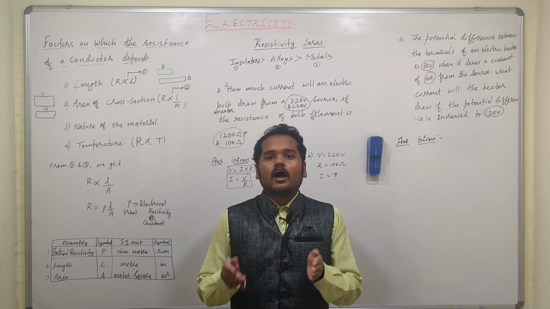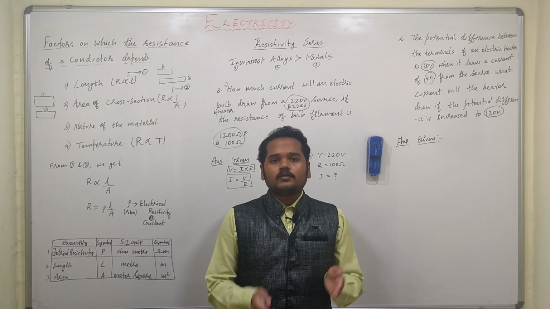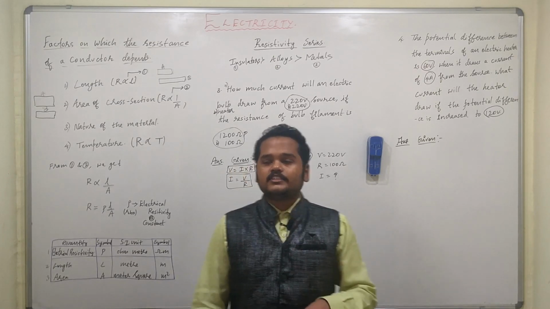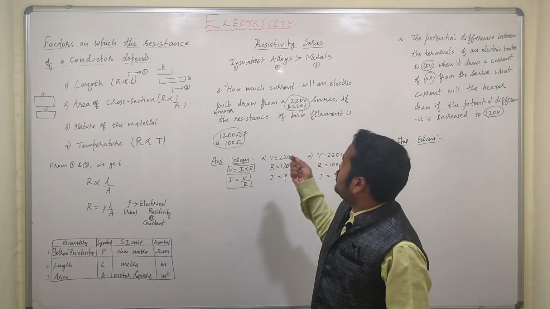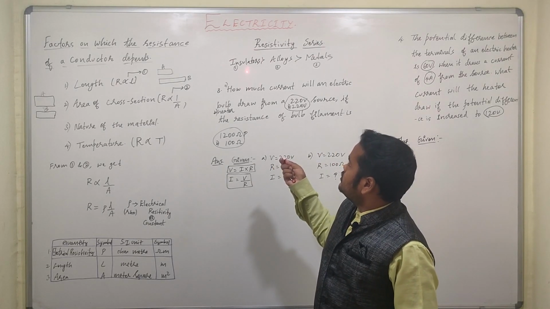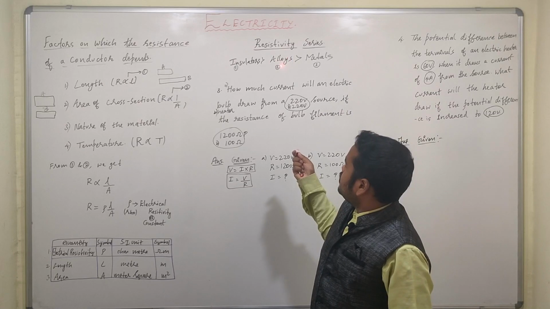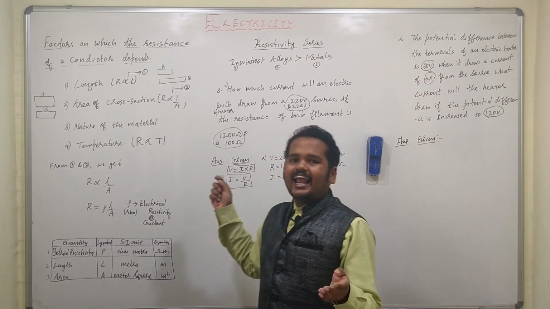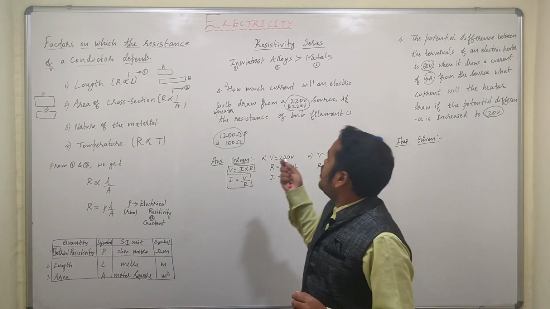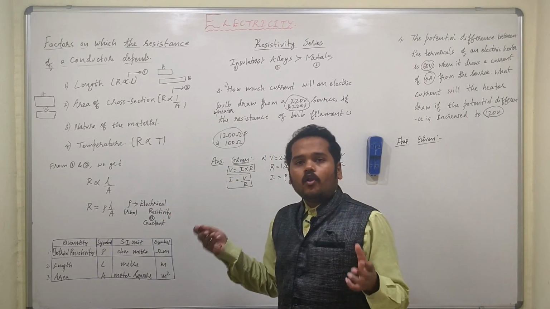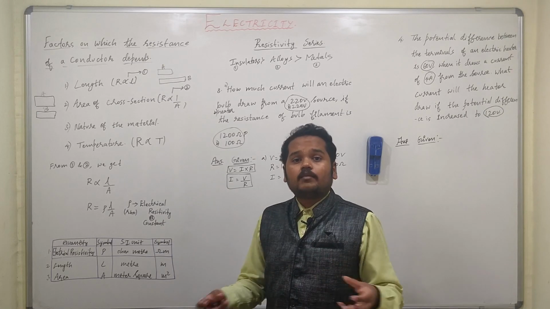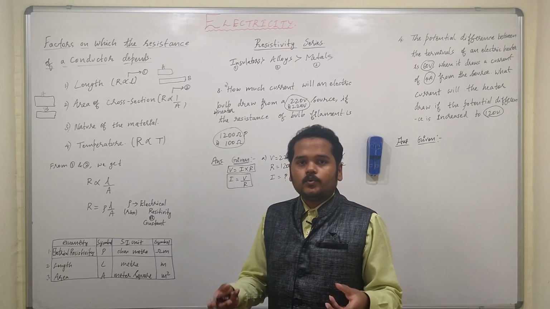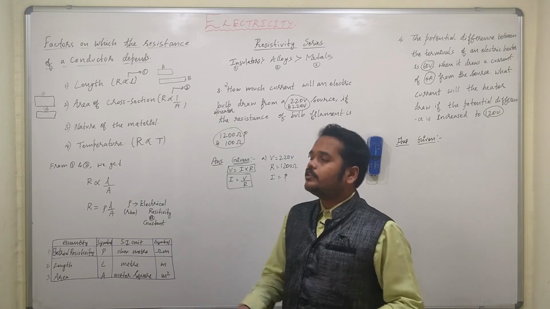After insulators, alloys. After alloys, metals. This is called the resistivity series. The highest resistivity is insulators, next alloys, next metals. Insulators like glass, rubber. Alloys: when two or more metals are mixed together, they become alloys.